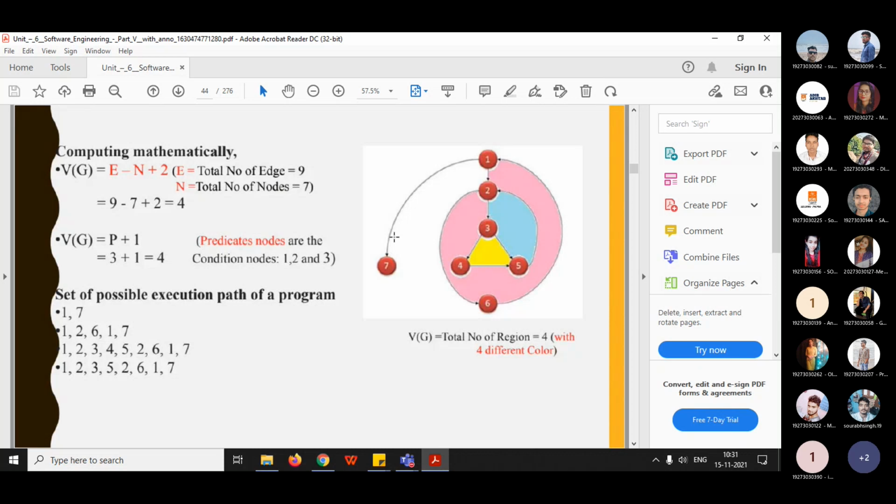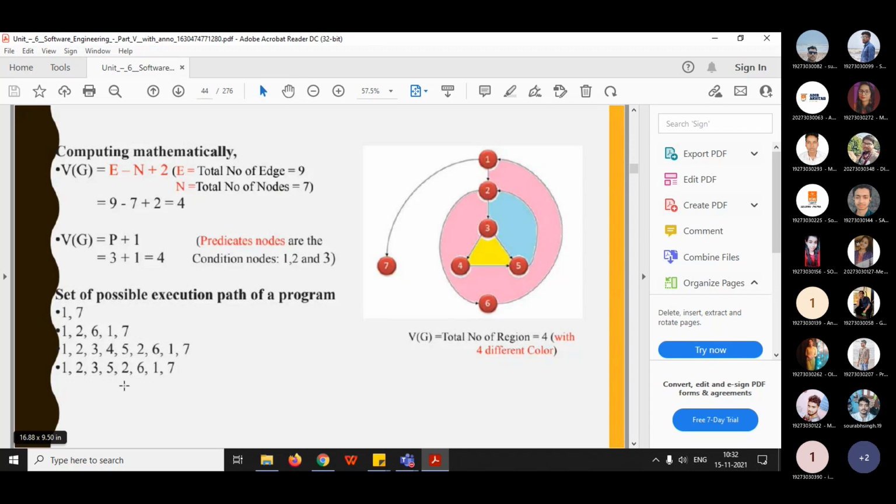Now a question may come: find the total number of possible paths in this graph. So you need to calculate like this. Or they may ask which one is the largest path in the given graph. If you see there are 4 possible paths, among these which one is the largest path?